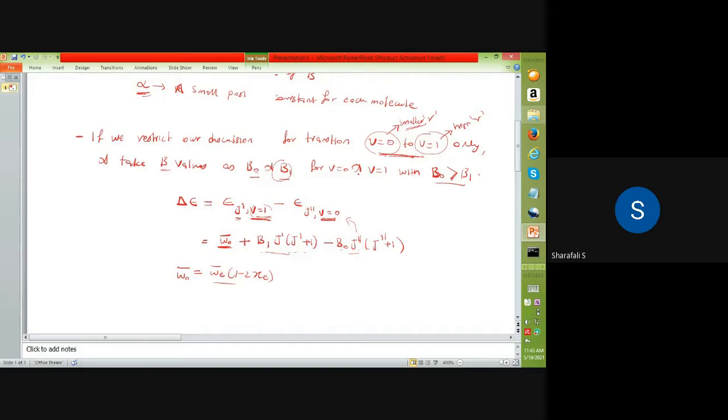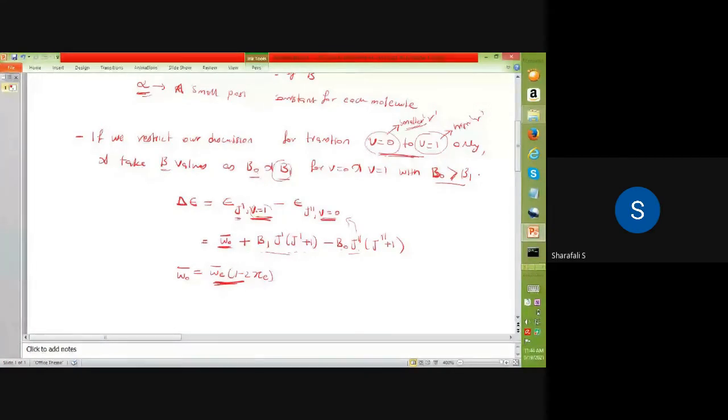If you take that equation for V equal to 1 and V equal to 0 cases along with xe, then we'll get this particular equation. This we already did in several cases. So this is the difference between the vibrational energies of V equal to 1 and V equal to 0, and that is the constant omega 0 bar.